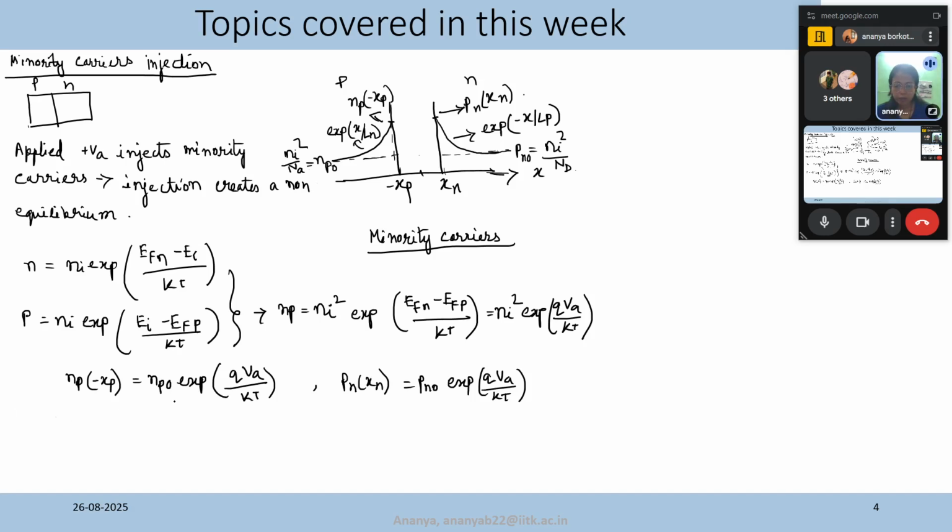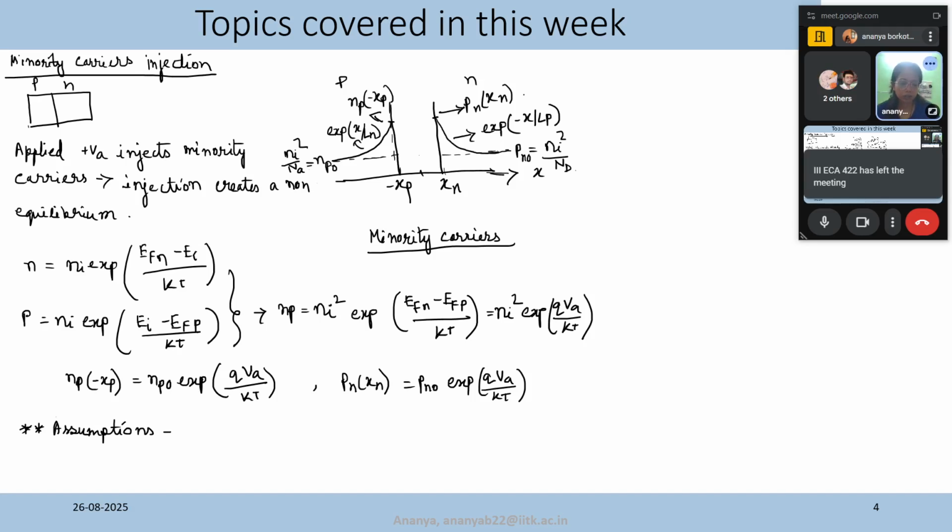And while doing this derivation, what are the important assumptions we are taking? Assumptions are important. You may already know the diode current equation, which we learned earlier in BTech first year: I equals I0 times exponential qV by eta Vt minus 1, those kinds of expressions. But you should know that while deriving the equation, we take some assumptions and ignore a few things in many cases.